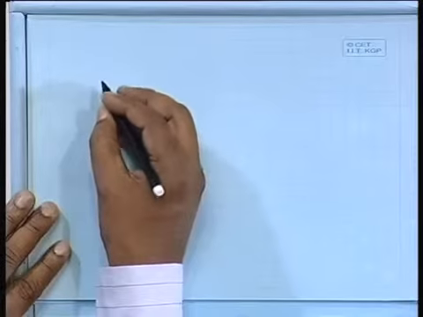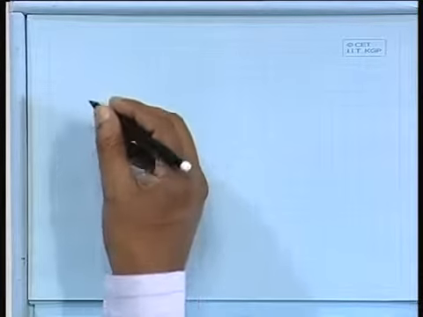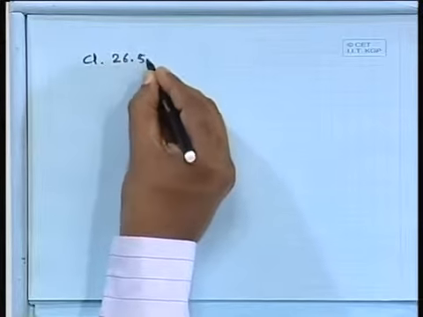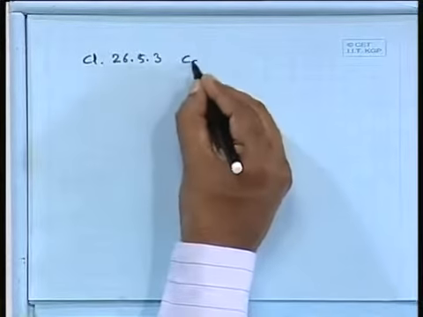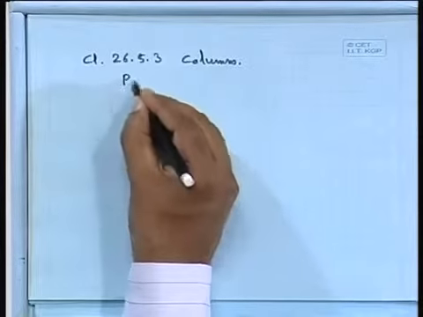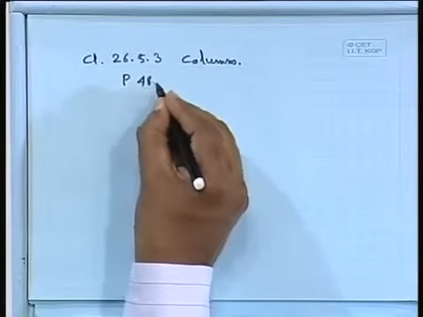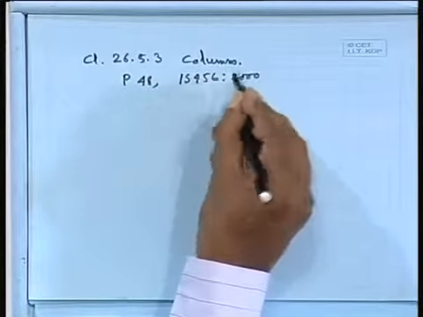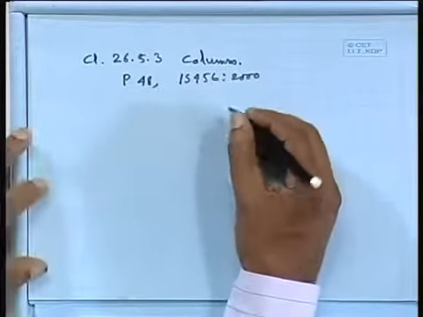So let us come now to your code, which you will find in clause 26.5.3, columns, page 48 of IS 456. I am always referring to this so that you will be familiar with these clauses.